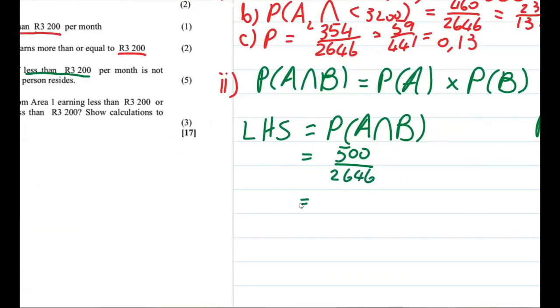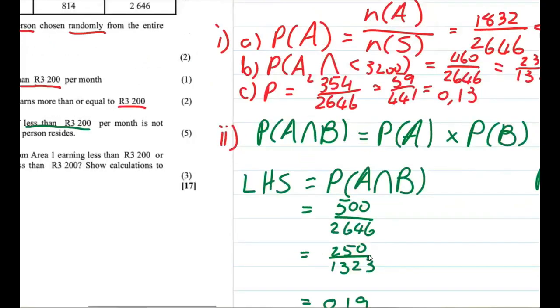Good. Right. What's that simplified? 500 over 2646, 250 over 1,323. And what's that decimally? 0.19. Good.